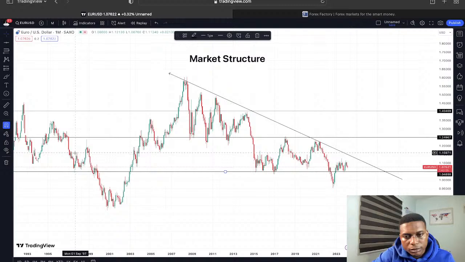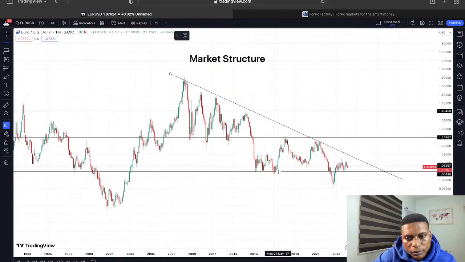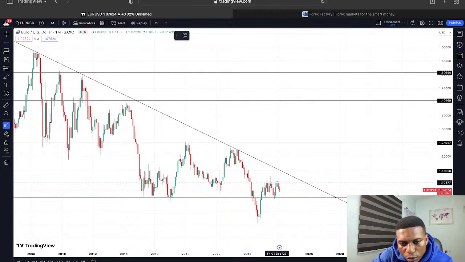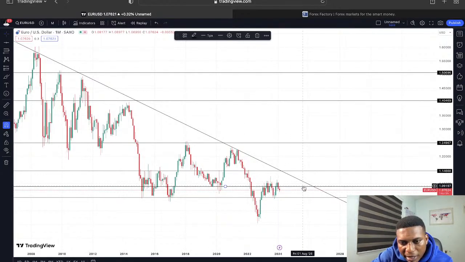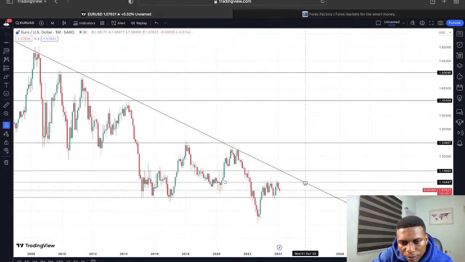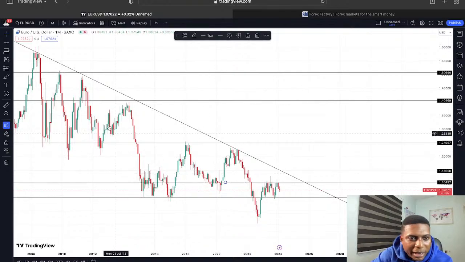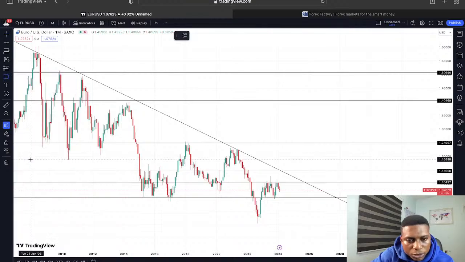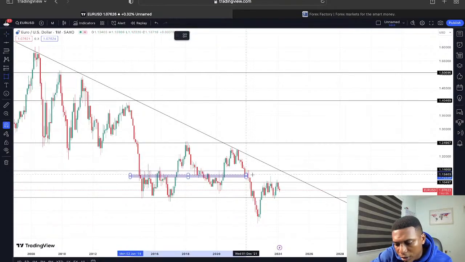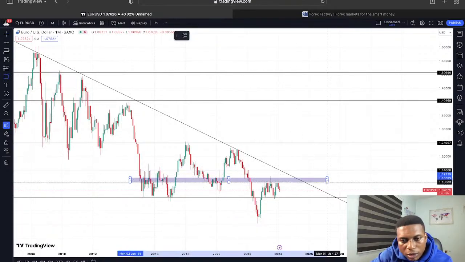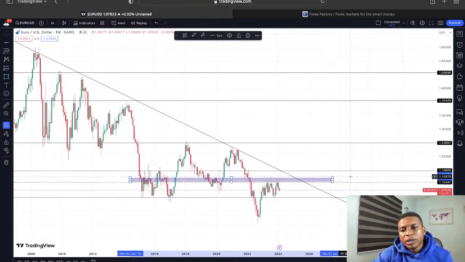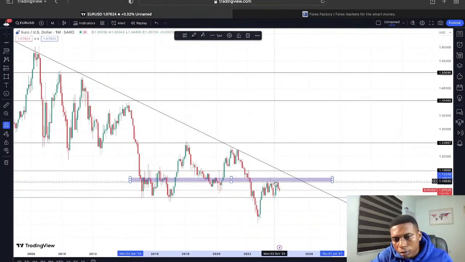There is a minor resistance zone at this level. Let me get something to cover it well so that we can see. All right, thank you. So you can see there's a minor resistance zone within this level, and price was rejected at this level.